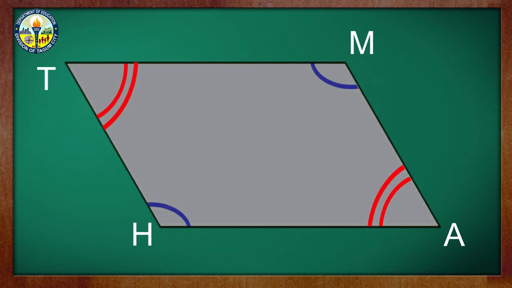If the measure of the angle HTM is quantity 4x minus 45 degrees, and the measure of the angle MEH is quantity 2x minus 5 degrees, find the measure of the angle MEH. According to property number 2 of a parallelogram, angle HTM is congruent to angle MEH. Then, substitute the value.